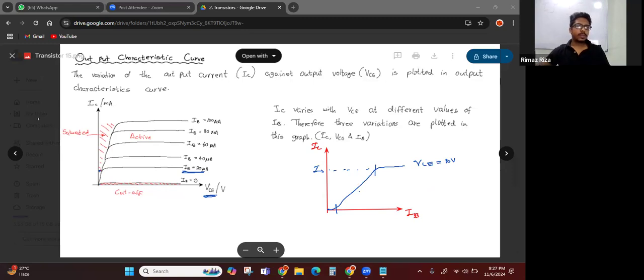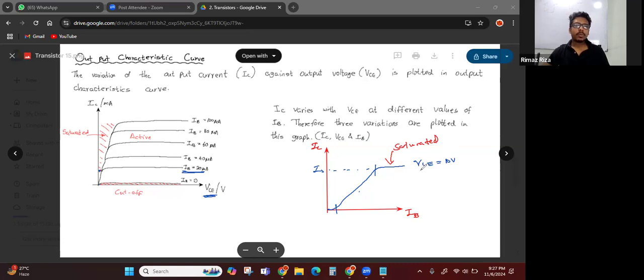Okay, suppose let's say VCE is 10 volt. When you increase the IB, IC also increases, and it becomes saturated.